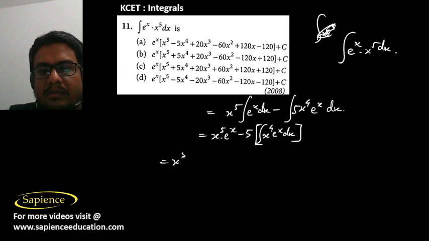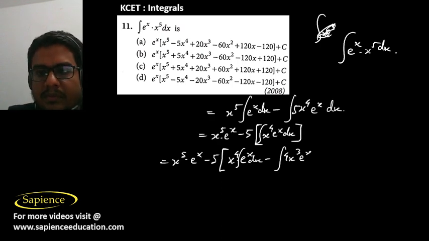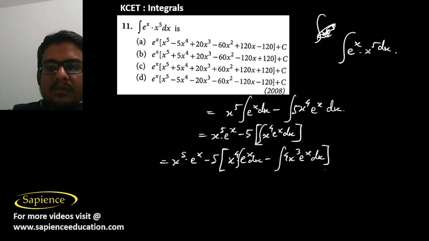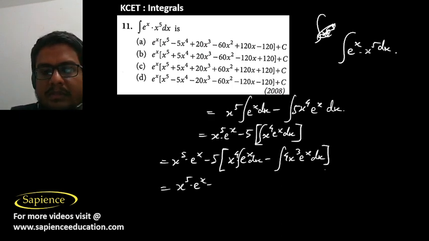So this will be x power 5 into e power x minus 5 into this will be x power 4 into e power x integral dx minus this will be 4x cube e power x into dx. So this will be equal to x power 5 into e power x minus 5 x power 4 into e power x, then plus 5 4s are 20 into integral x cube e power x dx.